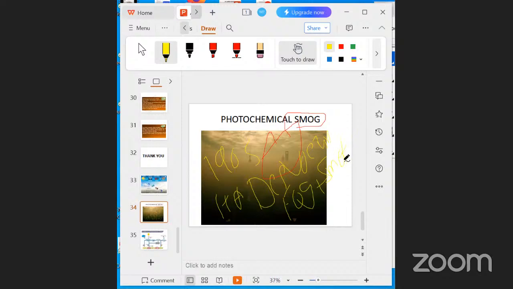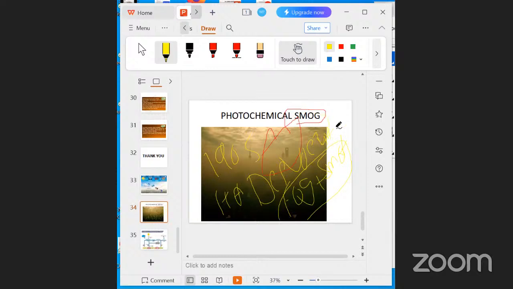It was found over many British towns. So fog plus smoke is called smog, right?